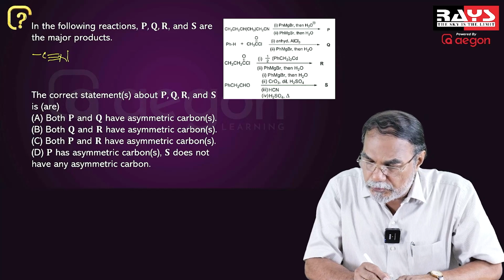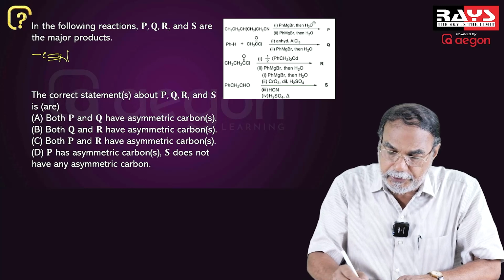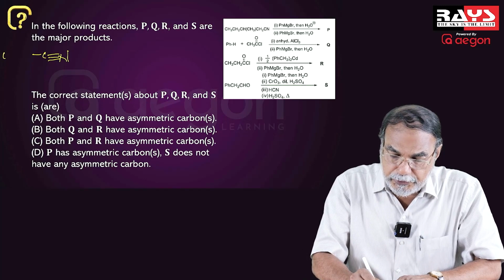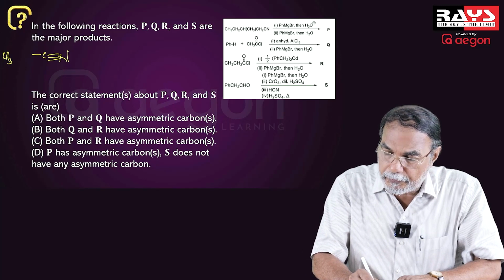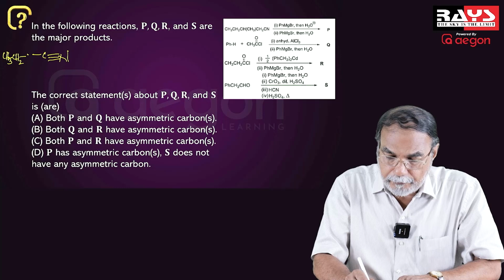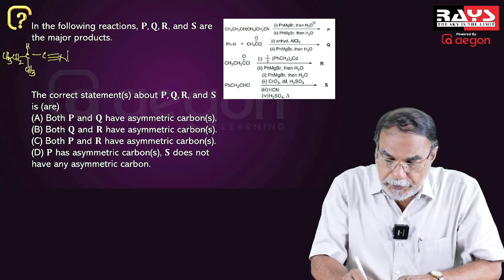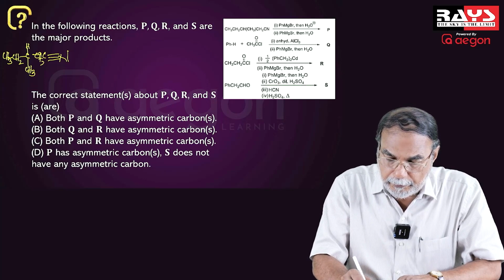Okay? And this compound is CH3CH2CH(CH3)CH2CN, that's the compound.